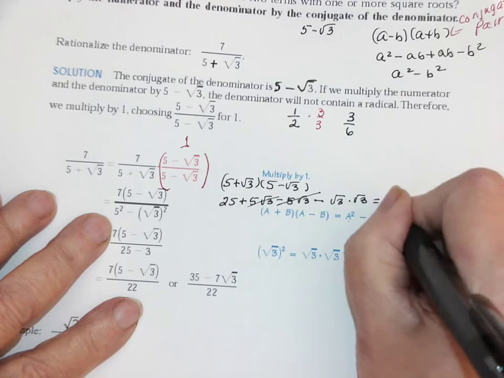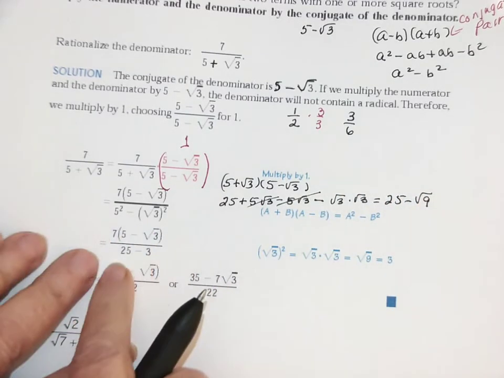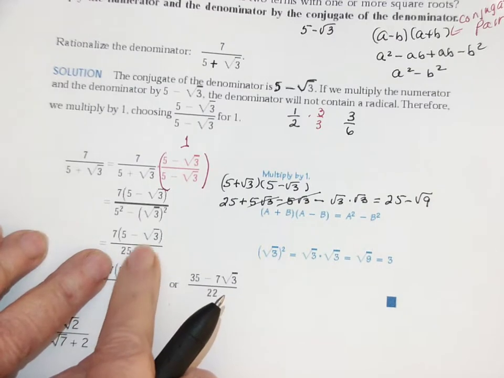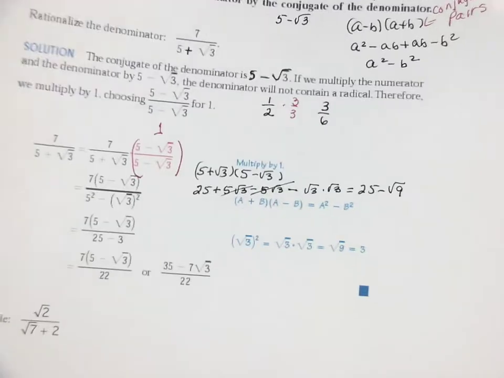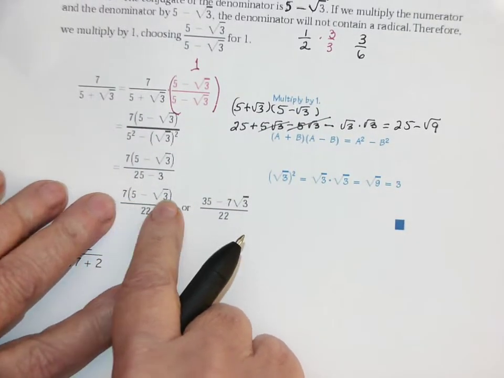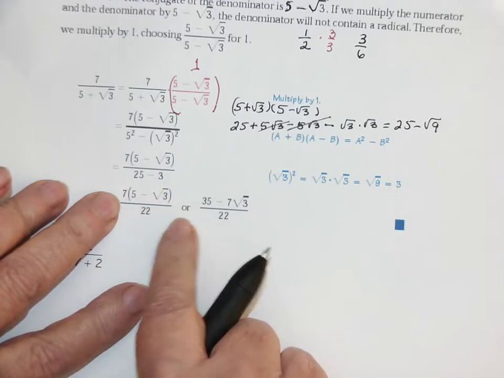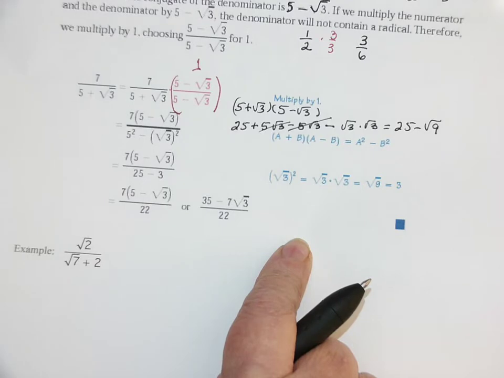This then becomes 25 minus the square root of 9, which is where they come up with 25 minus 3. So 25 minus 3 is 22, so you get 7 times the conjugate, divided by 22, or you could multiply it through, depending what you're going to do with it.